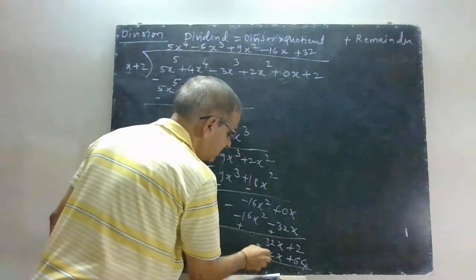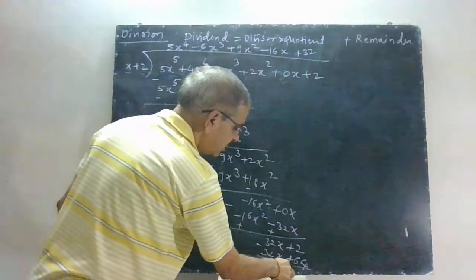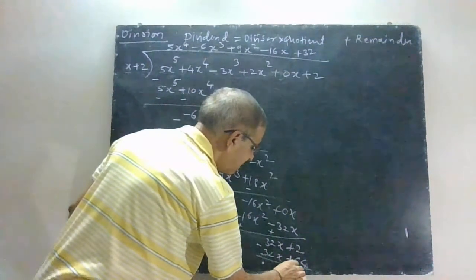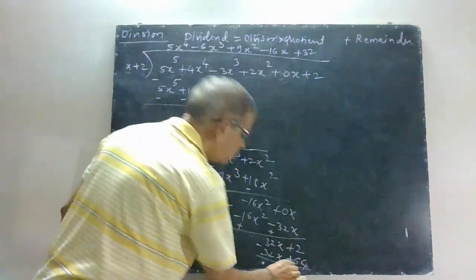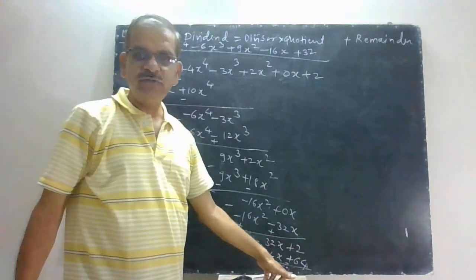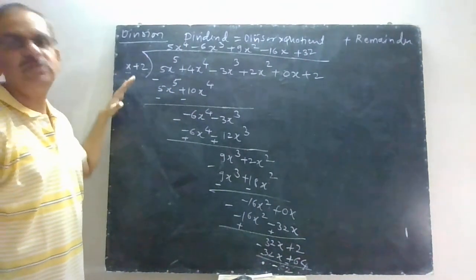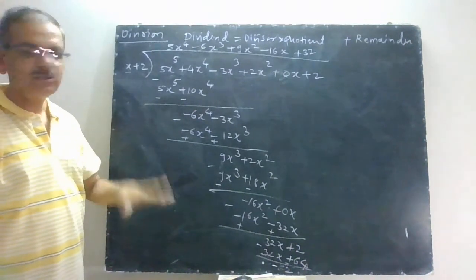Now when you subtract, this becomes negative, so it is 2 minus 64, minus 62. So now see, this is a constant whose degree is 0, and this is a linear one, degree is 1. Now the process of division stops here.